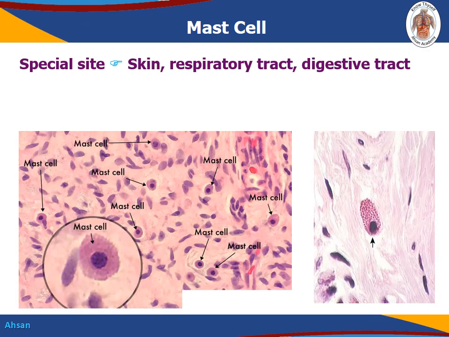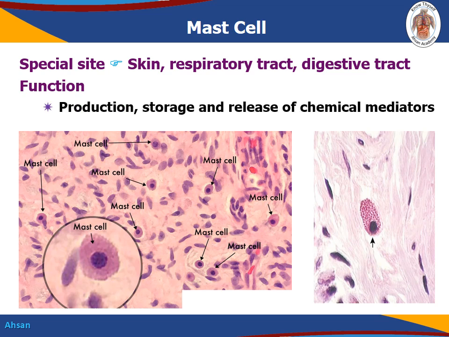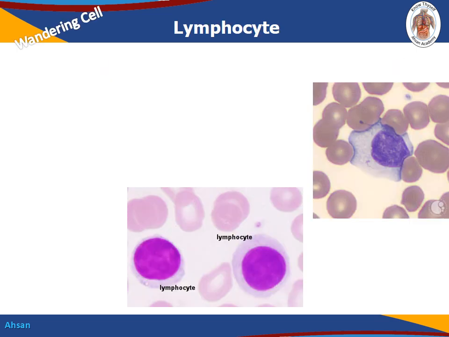Especially, mast cells are present in the dermis of the skin, in the lamina propria of the respiratory tract and digestive tract. You can see the figure, the arrowhead on the right side and the arrowhead within the circle showing the mast cell. This produces, stores and releases the chemical mediators.